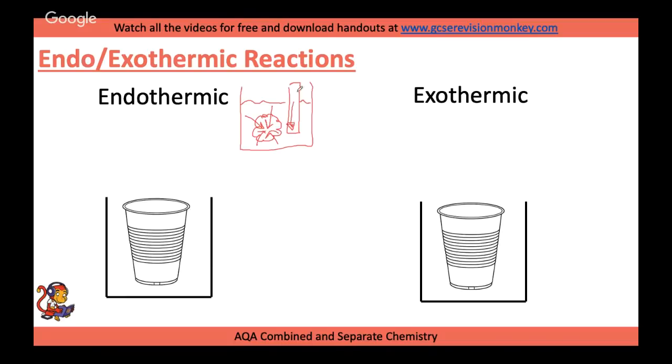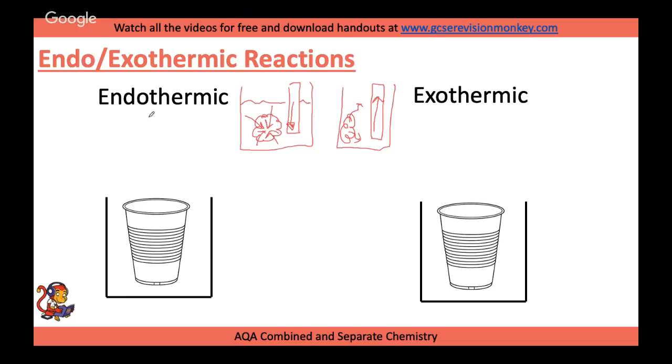There'll be a temperature decrease in the surroundings, because that's what the thermometer is measuring. It's measuring the surroundings. Whereas the exothermic reaction, if your reaction is here and it is giving out heat to the surroundings, your temperature on the thermometer is going to go up, because it's measuring the surroundings. And if it's receiving heat from this reaction, it is going to go up.